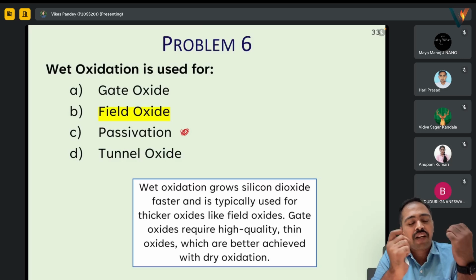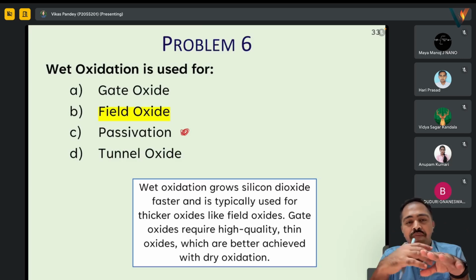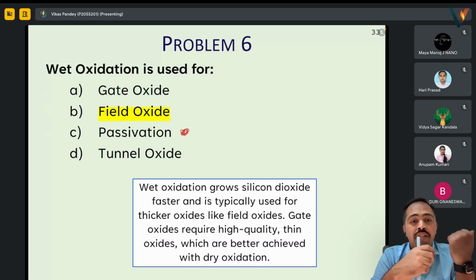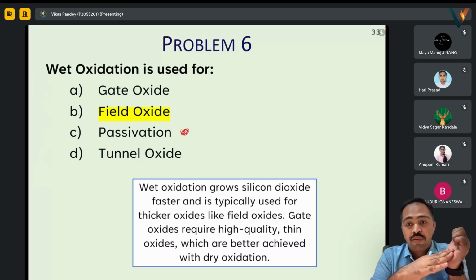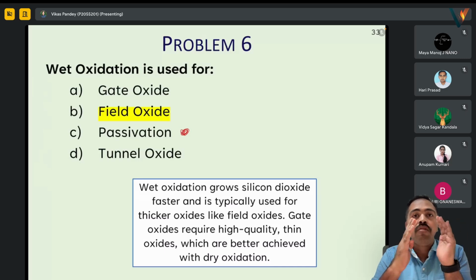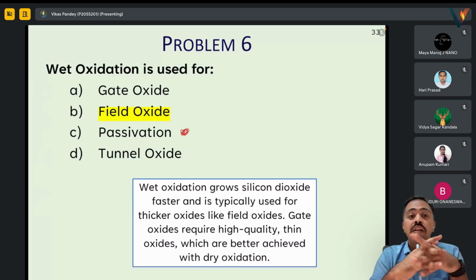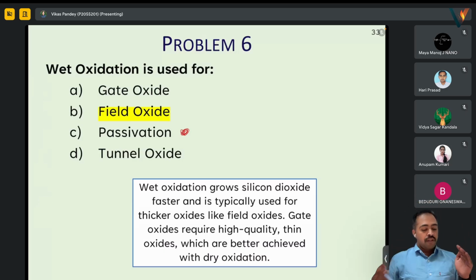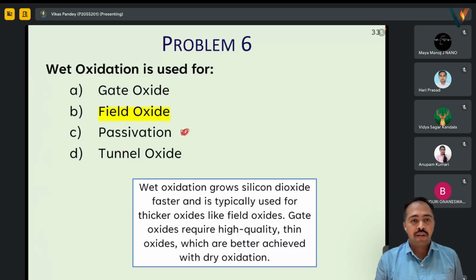Even if there are some lattice damages and all, right? Whereas if you are talking about gate oxide, it has to be very good quality so that it is reproducible. It should not behave abruptly.